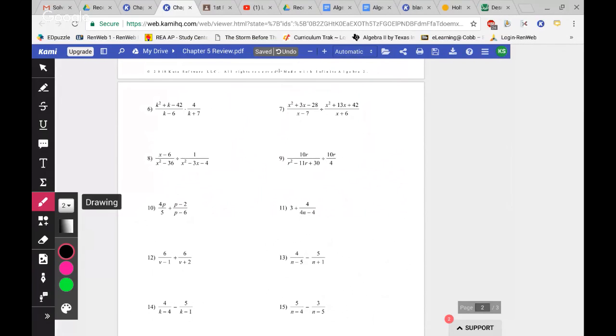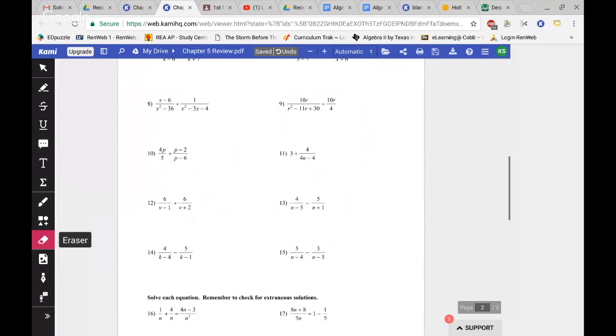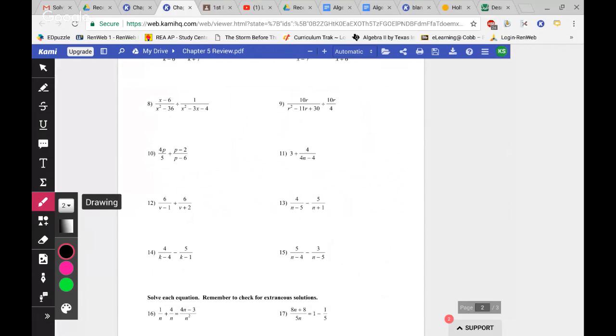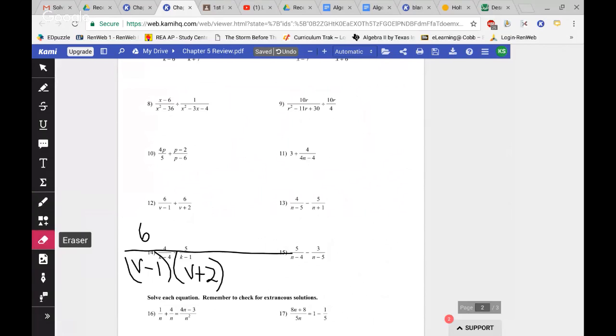Okay, on number 12, you're going to get a common denominator, which is going to be, and I usually do these great big long fraction bars, but I've got the 6 over v minus 1 times v plus 2, like that.